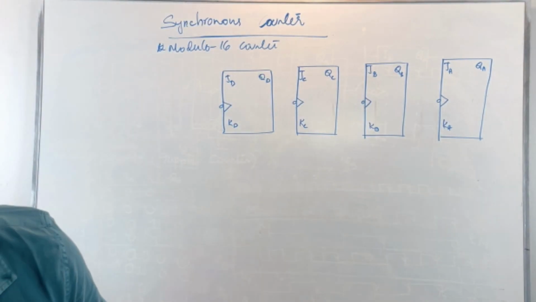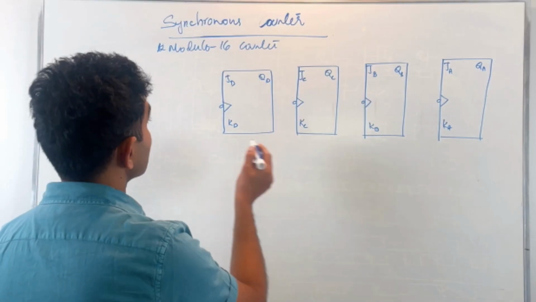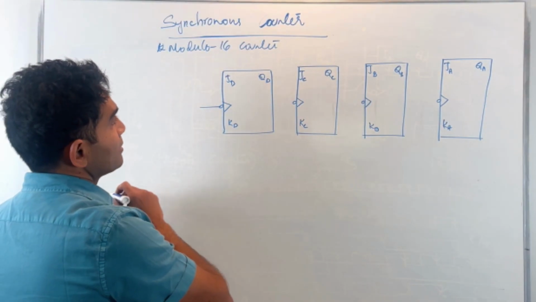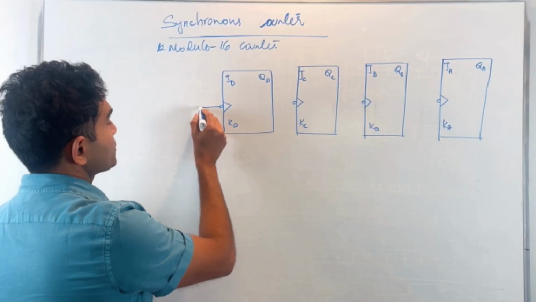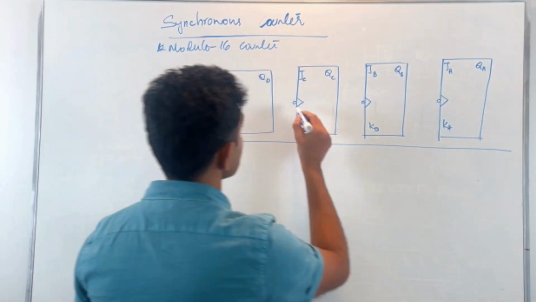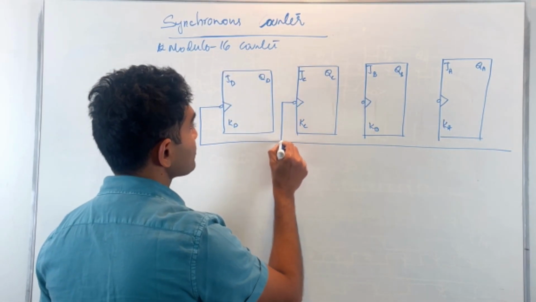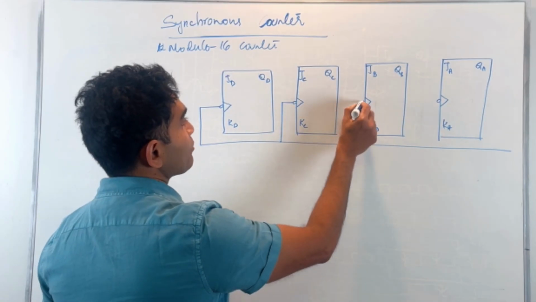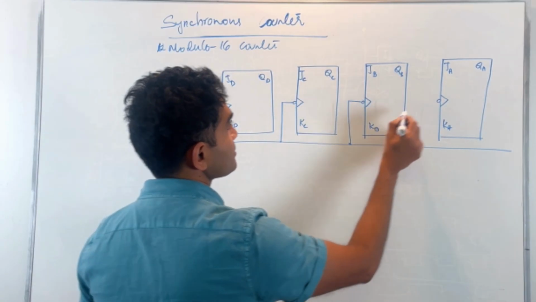Okay, and then the first requirement is I want to make sure that each of these flip-flops is applied with the same clock. So that's the constraint I'm working with in this particular case.